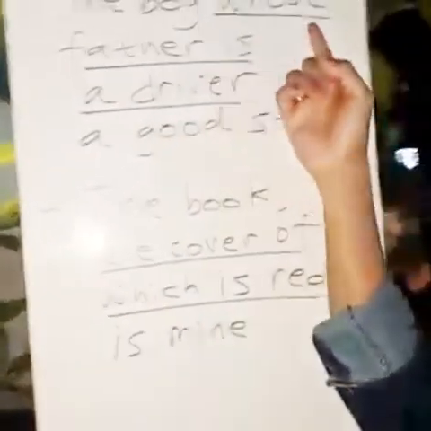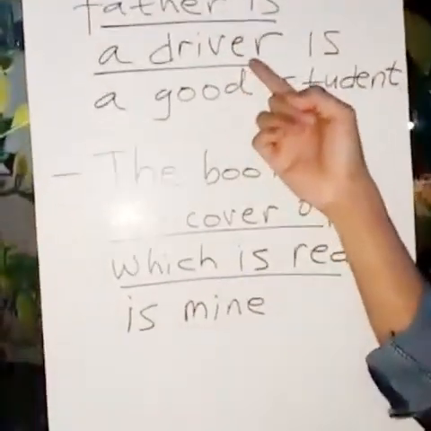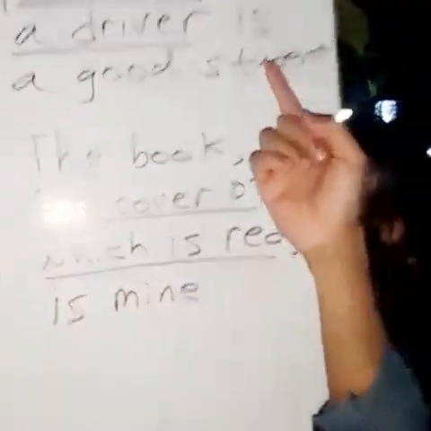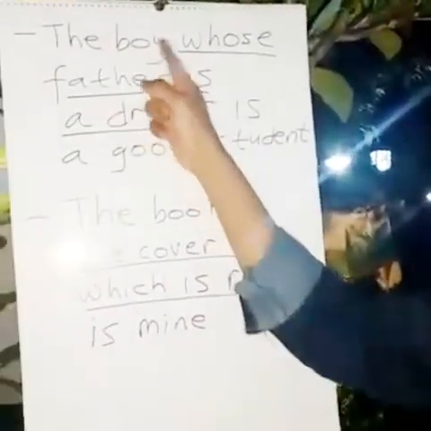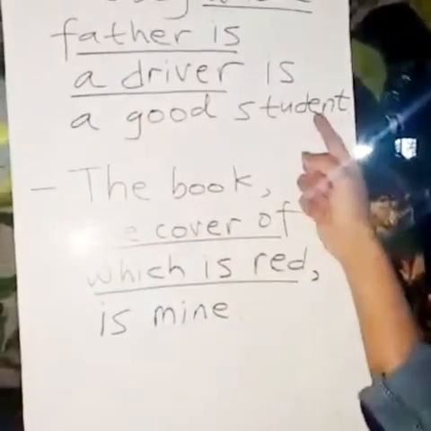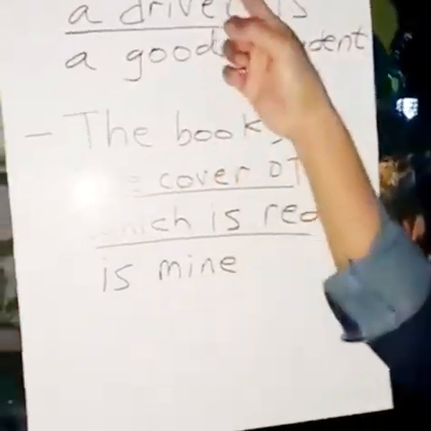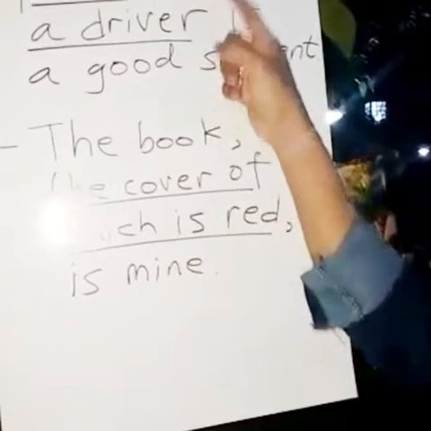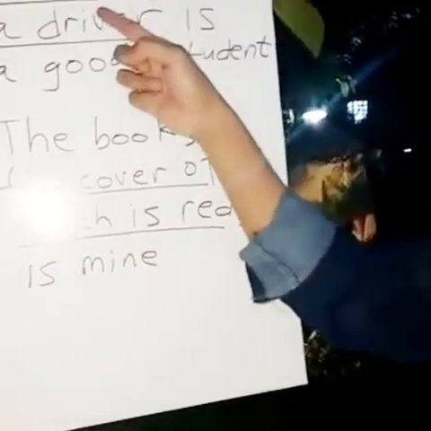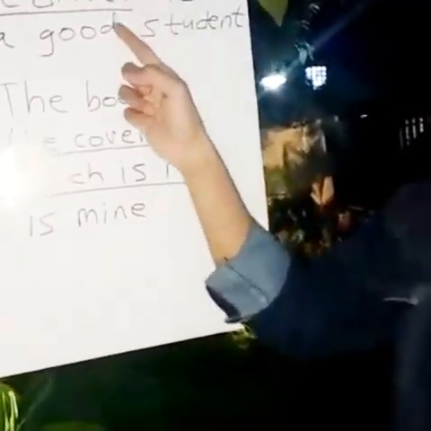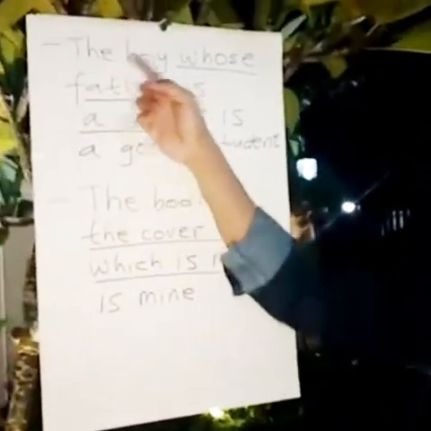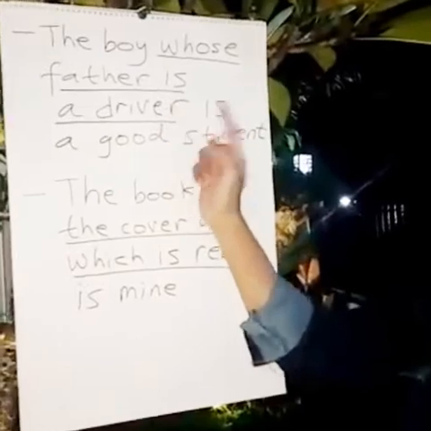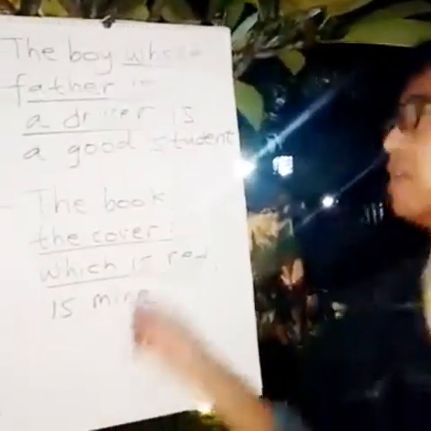The boy whose father is a driver is a good student. You know, there are two sentences. The boy is a good student. And then the second sentence, the boy's father is a driver. So we combine both sentences and become the boy whose father is a driver is a good student.